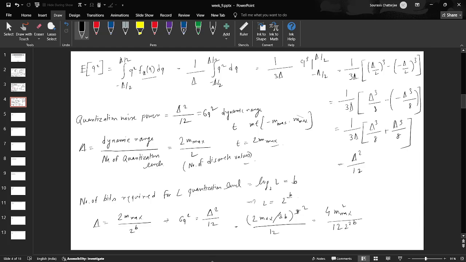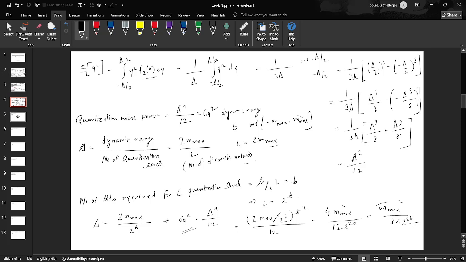Remember, it's 2 to the power B here. Sorry, I had written it as 2B. Actually 2 to the power B. So that's why this 2 comes in the exponent only. So that means it's given by m max square divided by 3 times 2 to the power 2B. So that is our quantization noise power with respect to the maximum message amplitude and the number of bits required.